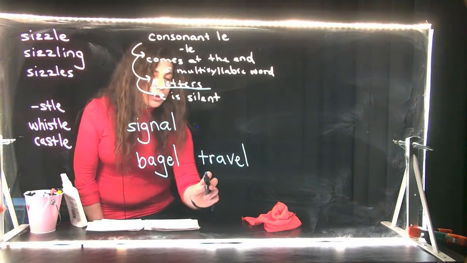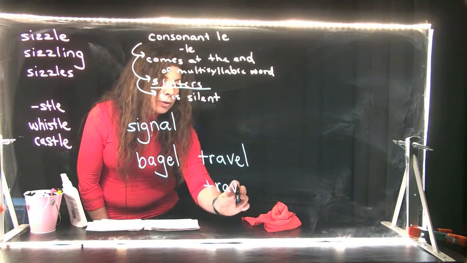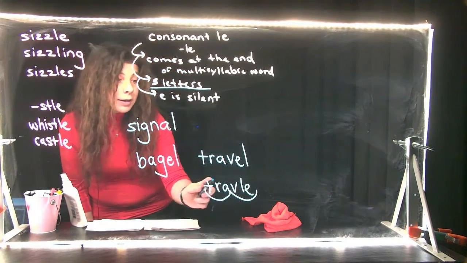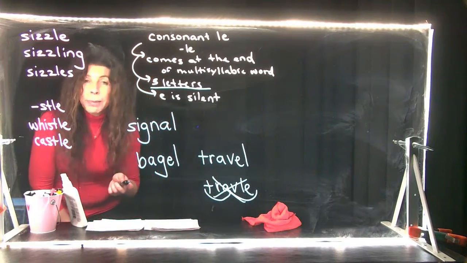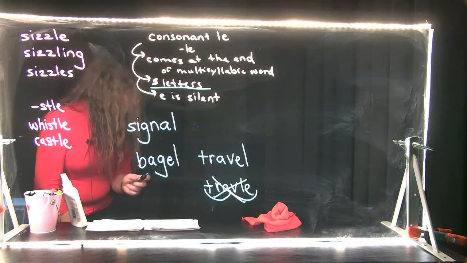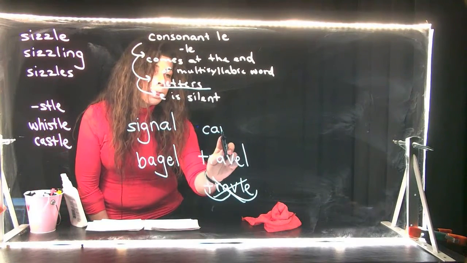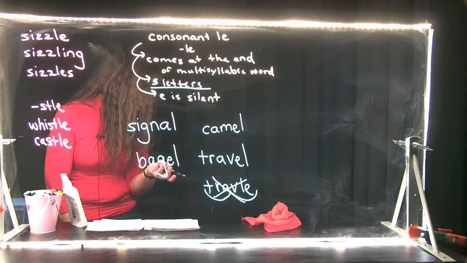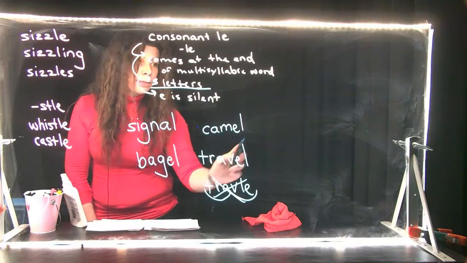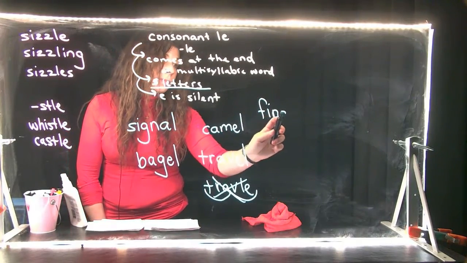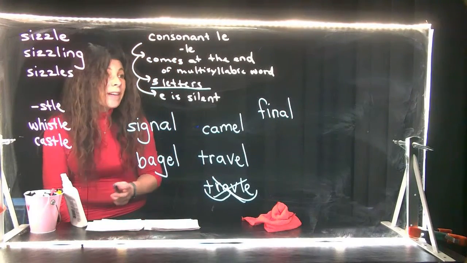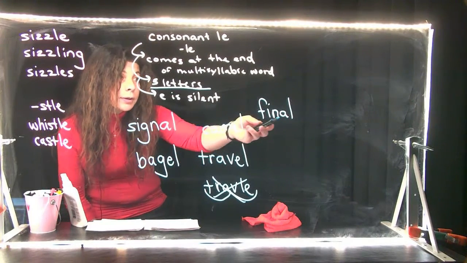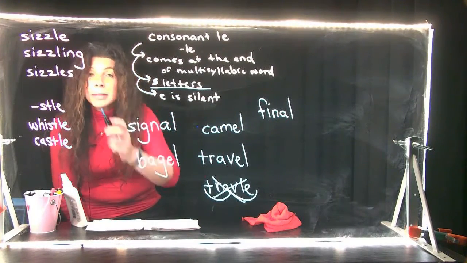I don't say travel. Sounds like that, right? I say travel, but it's spelled with an EL. Or camel is spelled with an EL. Final, sizzle, final, camel: A-L, E-L, consonant L-E.